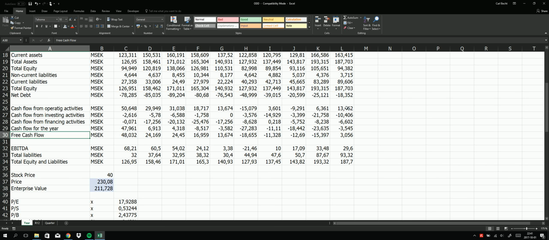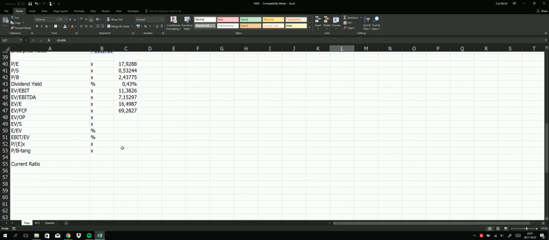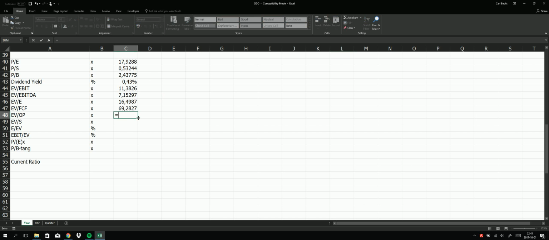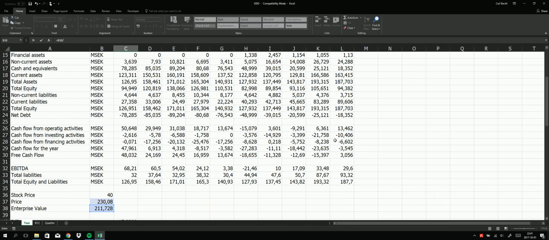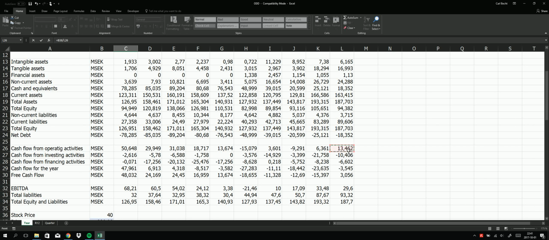You can probably see it here, you have 10 million minus in investments. So enterprise value to operational cash flow, OCF, it's also called. You need your enterprise value, and you find your operational cash flow, where we got it.